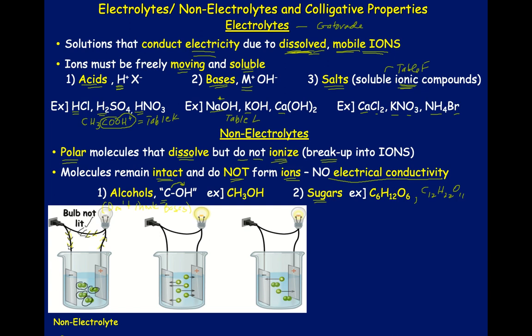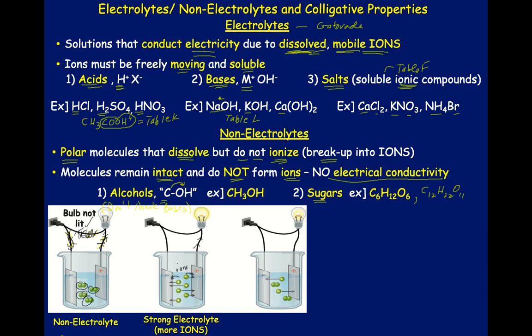The light bulb will not light because you do not have any electrical current. Electrons will not flow through here, nothing completes the flow, and you'll have no electron flow. However, with a strong electrolyte, you have ions that are plus and minus. The positive ions travel to the negative plate, and the negative ions travel to the positive plate and release their electrons.